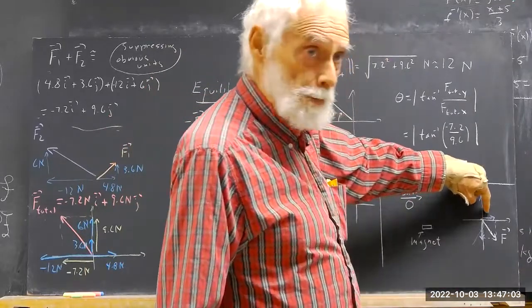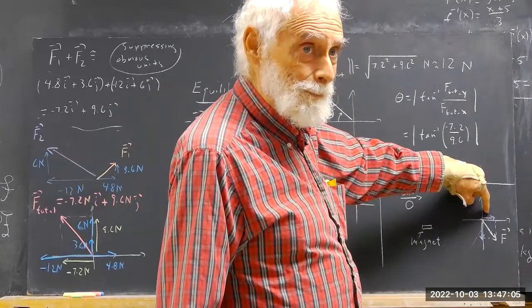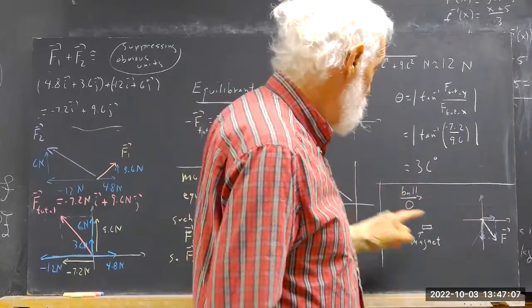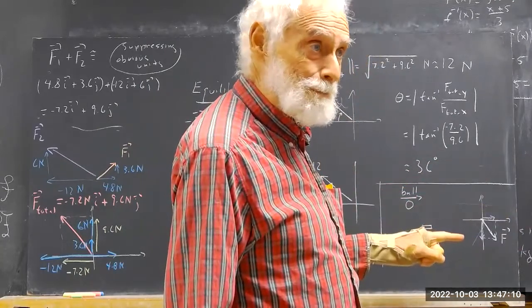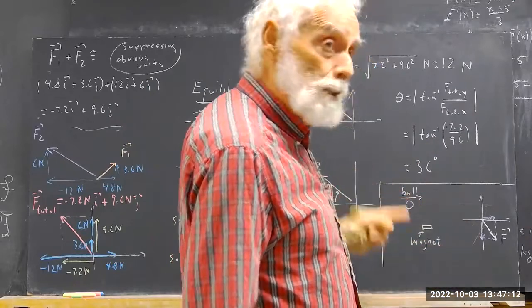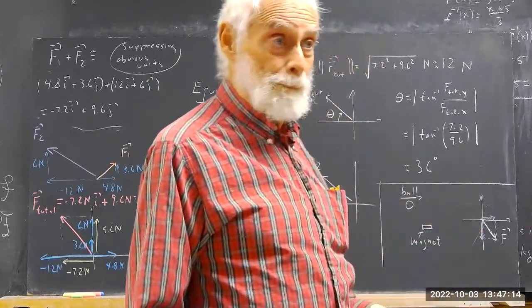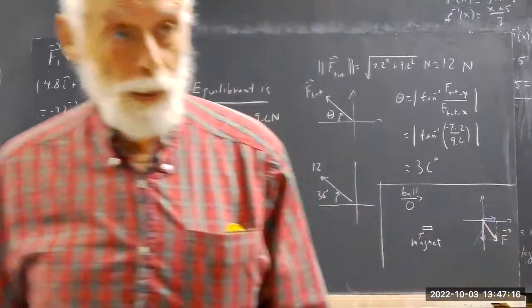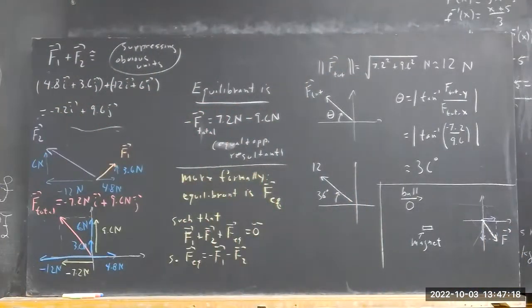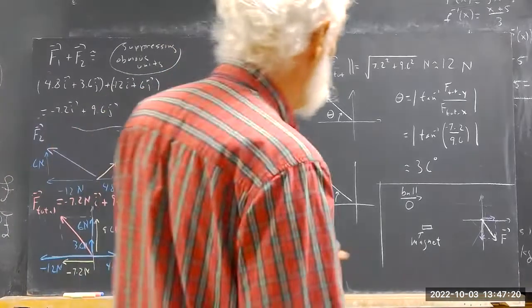What's this component doing? You have a force in this direction on the ball, in addition to the force in this direction. What's this force doing? It's speeding up the ball, isn't it? So the ball's being sped up.